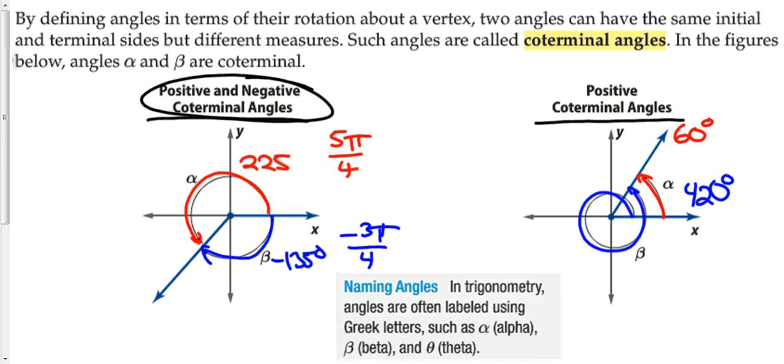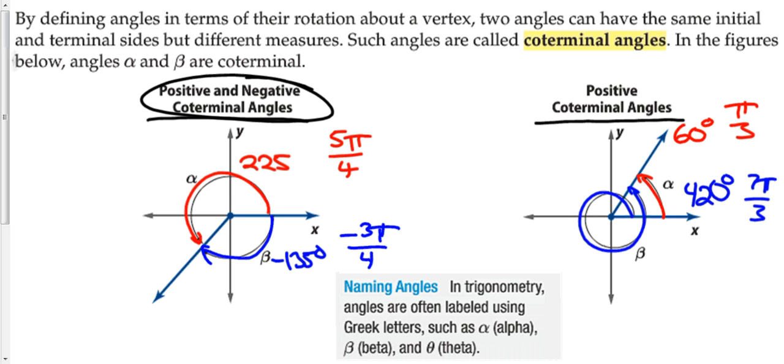And in terms of pi, this would be pi over 3, and the blue one would be 7 pi over 3. A little bit more than 2, because once around is 2 pi. So those are all coterminal angles.